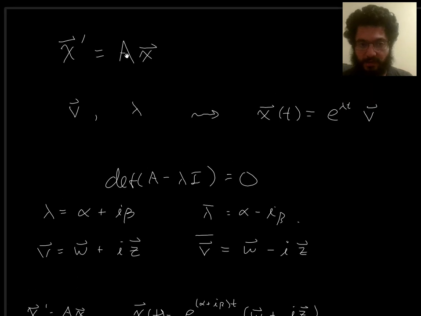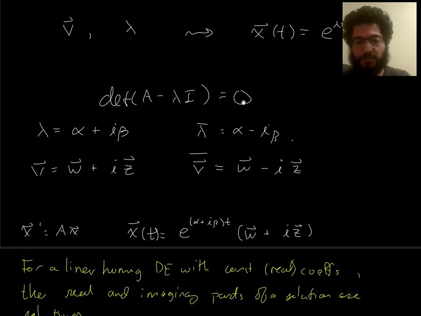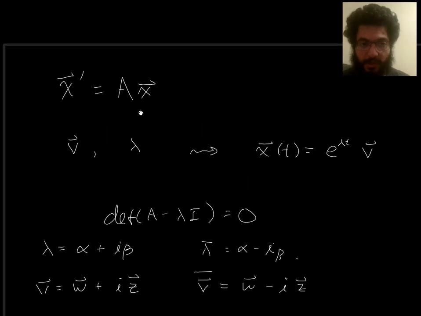If the entries of A are not real, then this polynomial is a polynomial with possibly complex coefficients in it, which is fine. It still has a root, but all of this discussion goes away. You no longer have roots coming in pairs with complex conjugation working. You would no longer have A bar equals A. So all of this nice stuff with things coming in complex conjugate pairs requires that your original differential equation has constant coefficients.